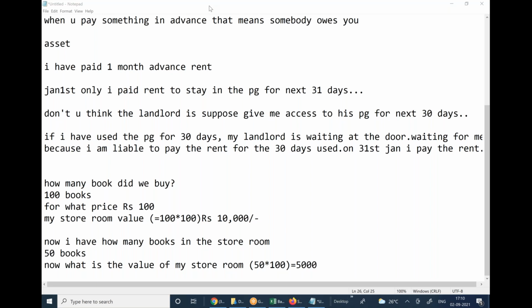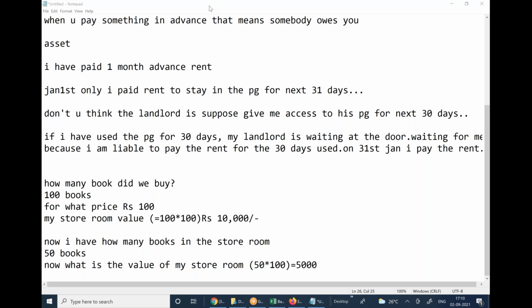Is the balance sheet matching for all of you? Okay, we'll start solving.